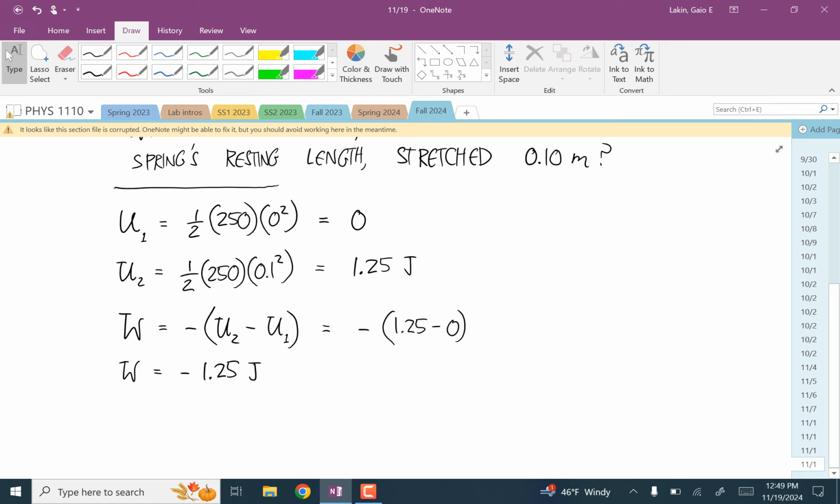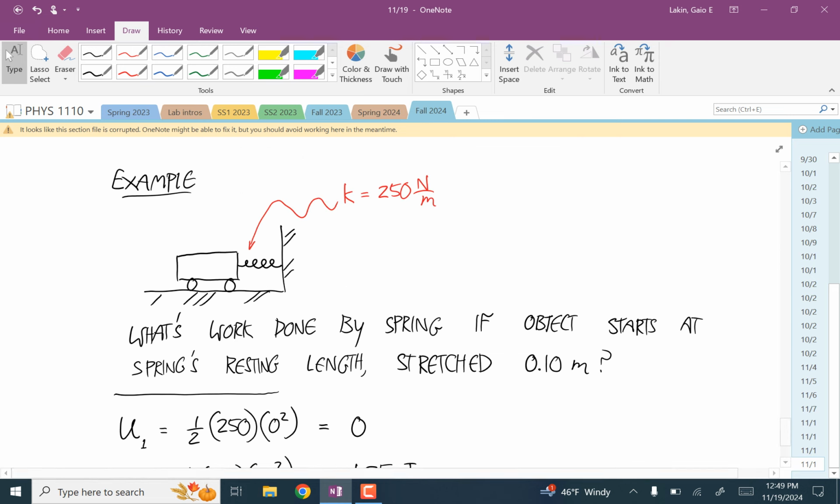So our pulling force is negative and pushing force is positive? The way we're going to do it when we start putting this in calculations is we'll just use a coordinate system. And we'll just say x is equal to 0 when the spring's at its resting length. And then we'll just use the thing's position as that x value.